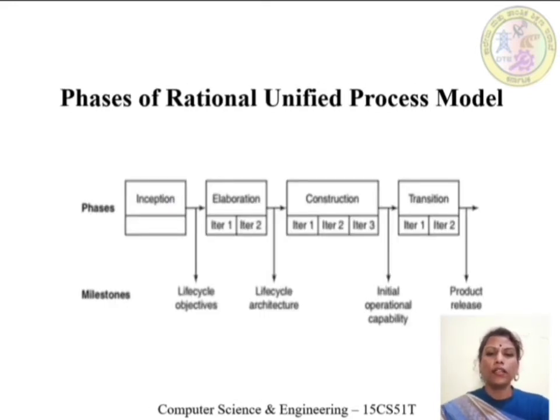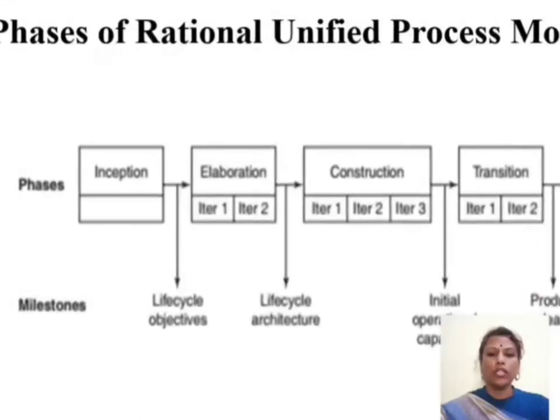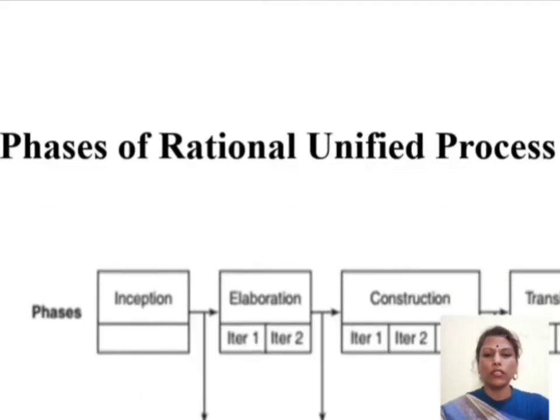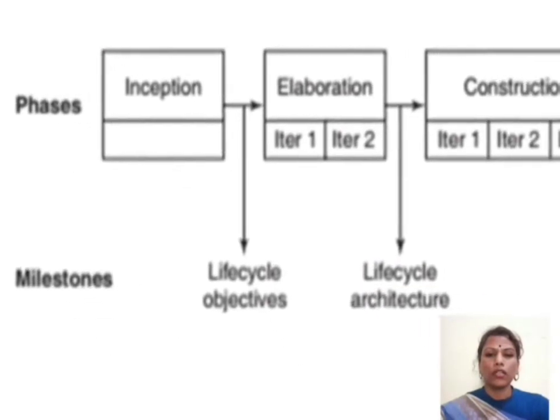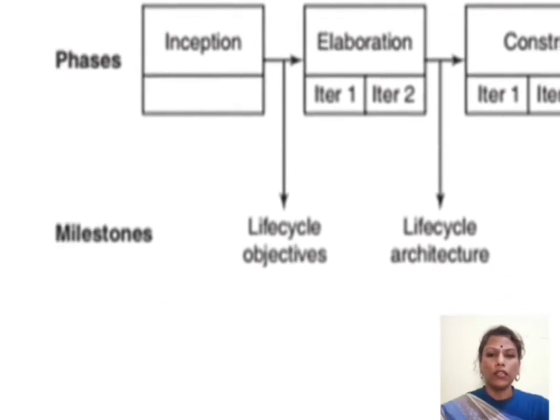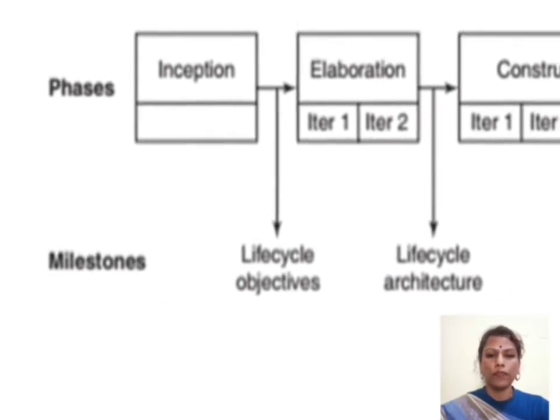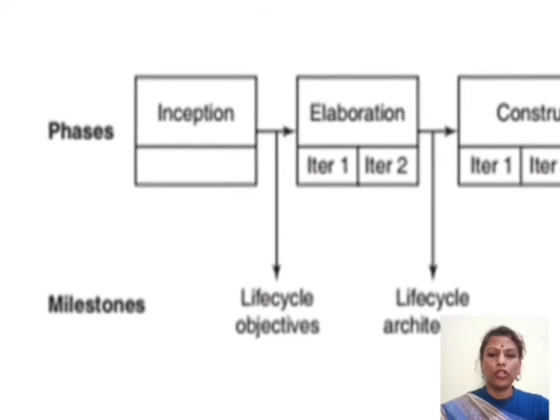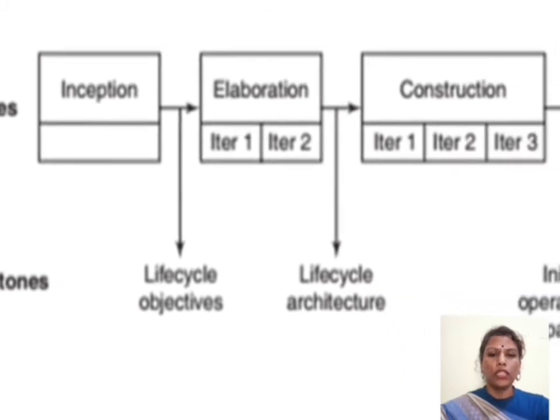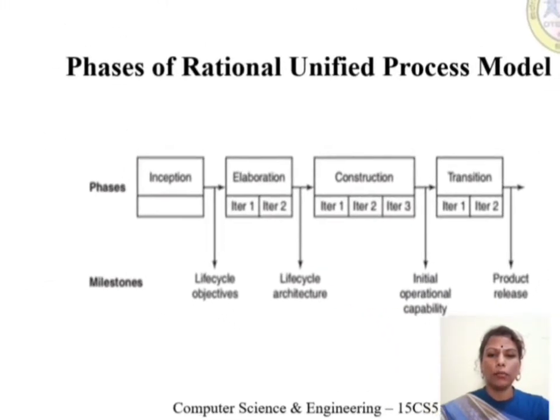Let's see a rational unified process diagram. See, here we have the inception phase, where the output of this phase is life cycle objectives. See, here each phase has a milestone.